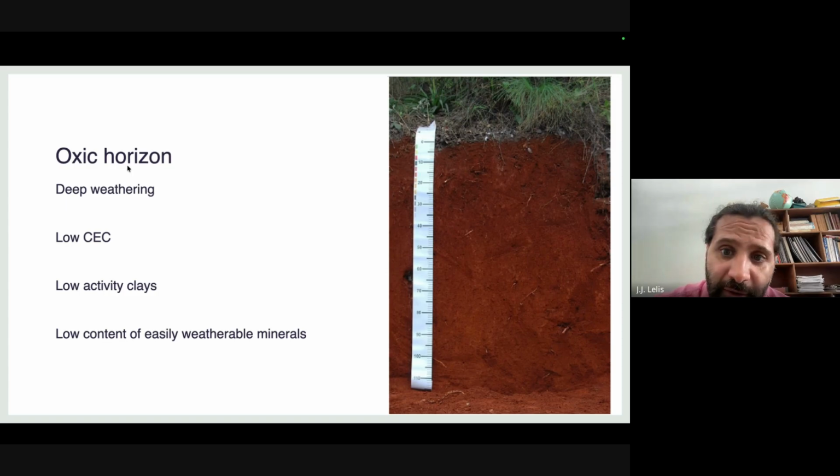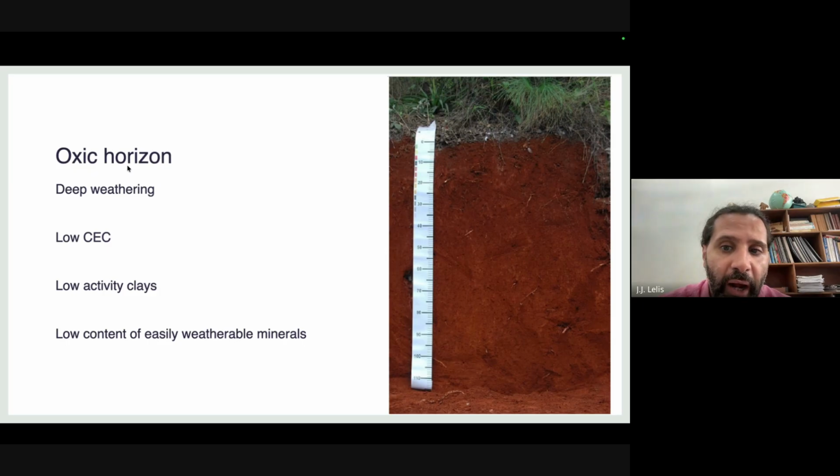But in this case, these oxic horizons are more connected to past conditions that induced an oxic formation, a very intense weathering, induced in the past by wetter and even hotter conditions than today, forming those oxic horizons. So yes, you can find them in some cases in dry conditions, but they are more connected to past conditions. Okay, especially before the last glacial maximum.